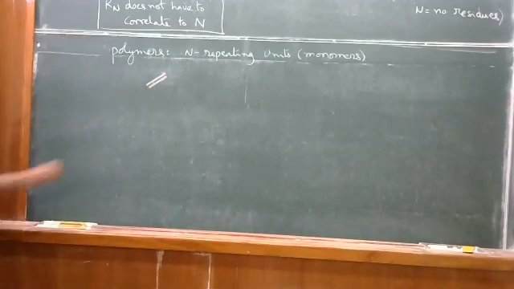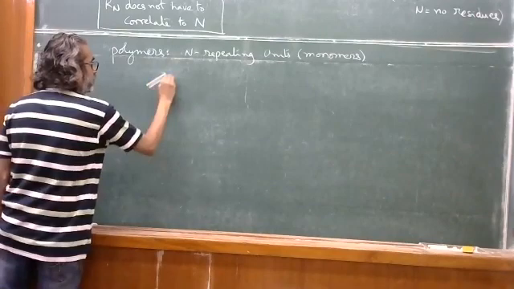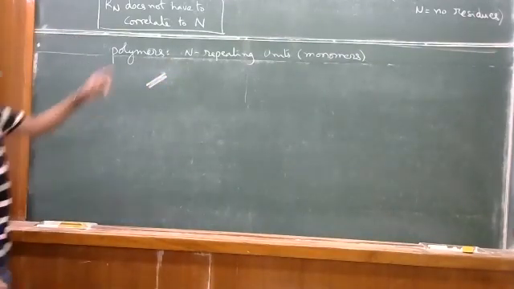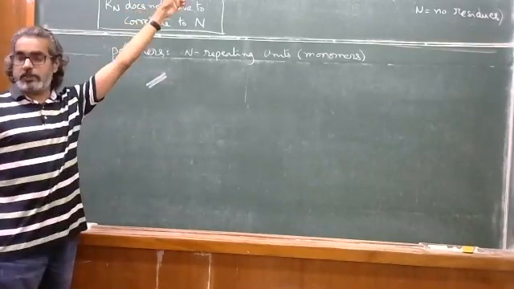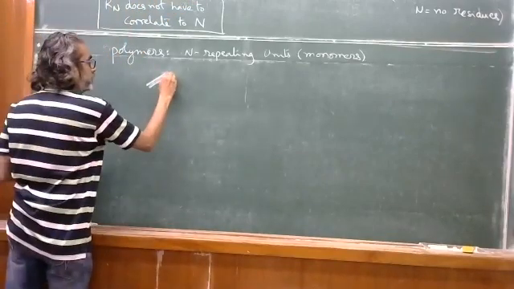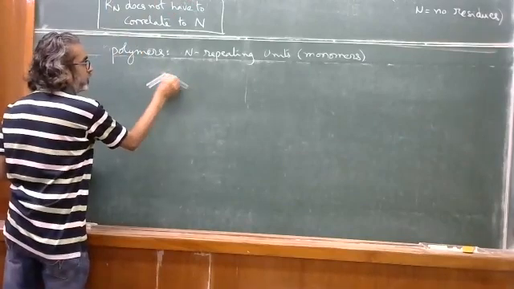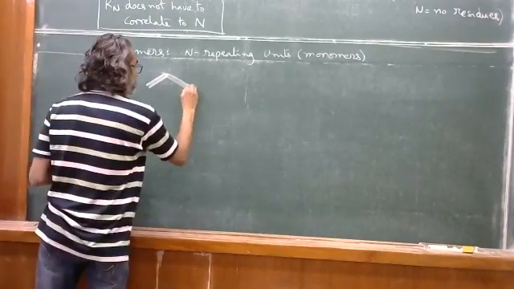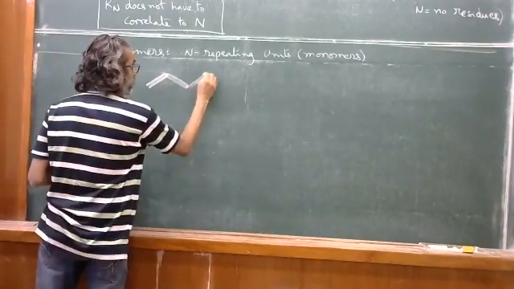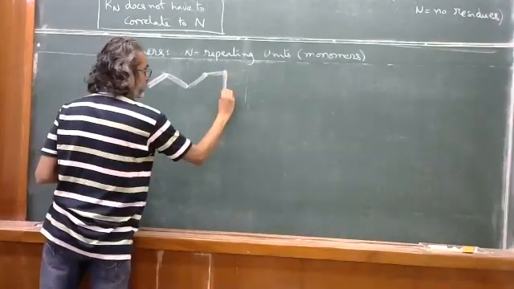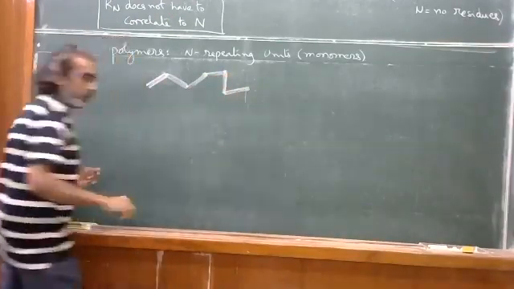So this is one monomer, and just like how amino acids are attached at the peptide bond, these are also connected units. You can have a second unit, a third unit, a fourth unit, a fifth unit, and so on, right?